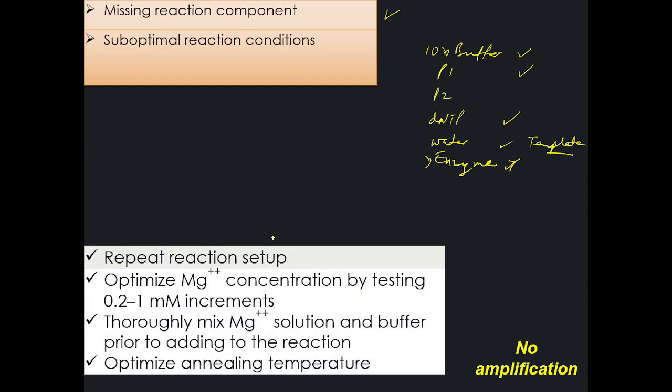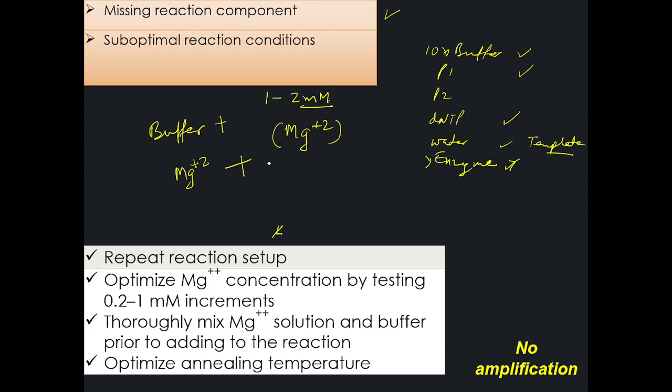So one can repeat the step, but repetition merely does not solve the purpose unless you follow this checkerboard method. You can look into the magnesium concentration present in your buffer. In some laboratories, the buffer is with the magnesium or without the magnesium, so make sure the buffer has the magnesium. Usually it ranges from 1 to 2 millimolar. If it is not added, make sure it has been added into the buffer.